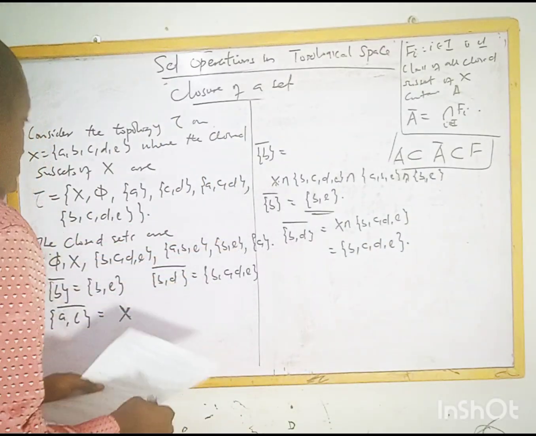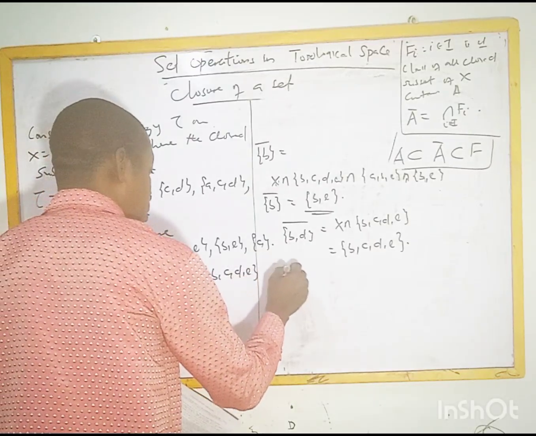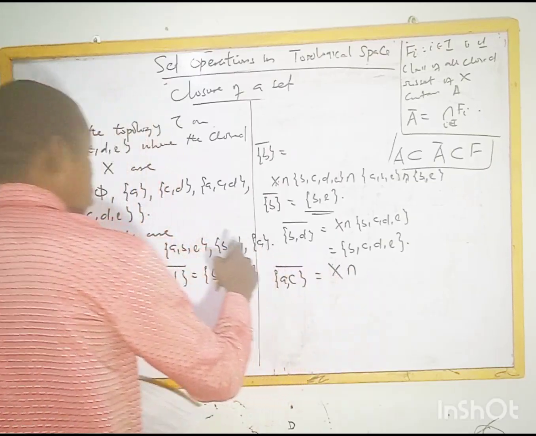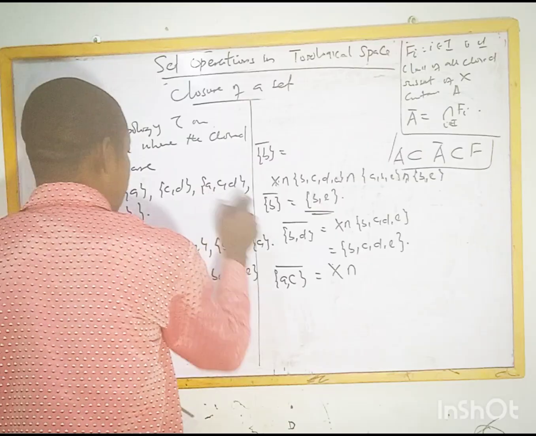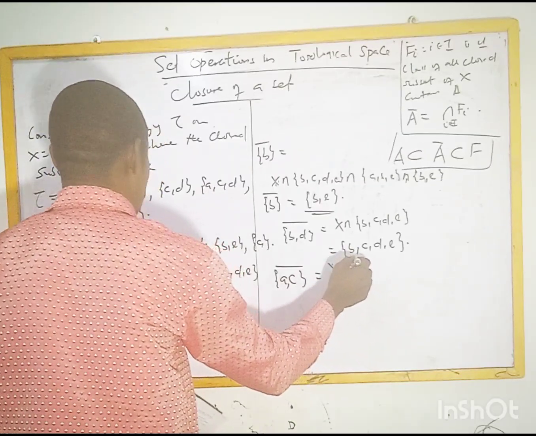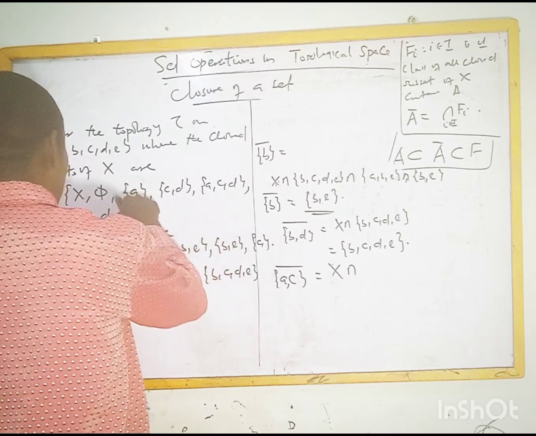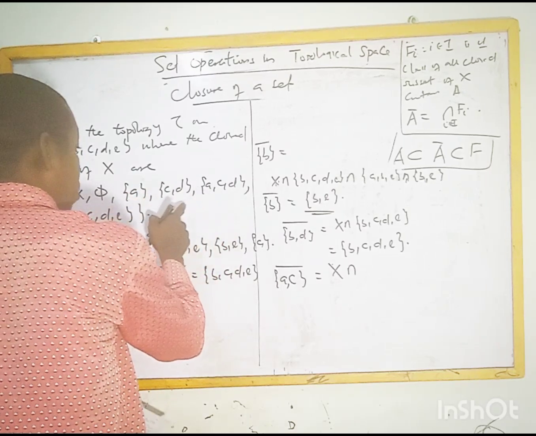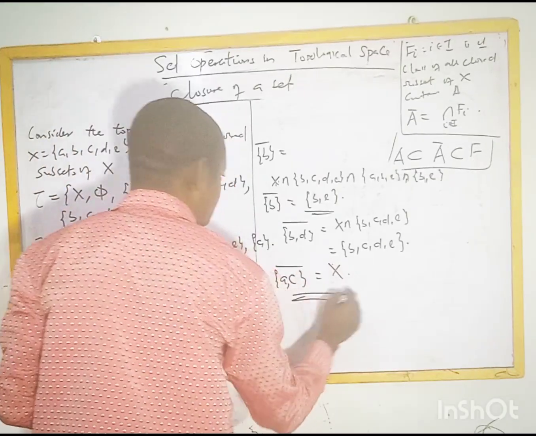For AC, which sets contain AC? We have X. ACD does not contain AC here, so we cannot pick that one. So the answer will give us only the X that we have there.